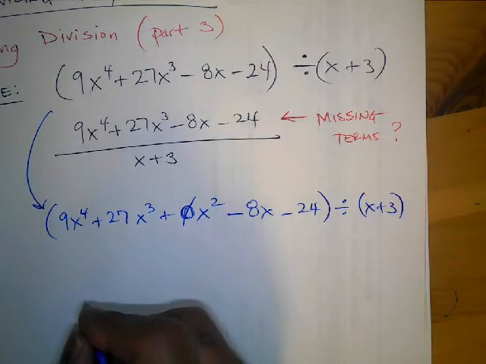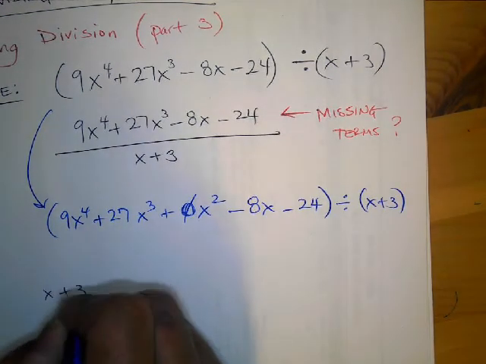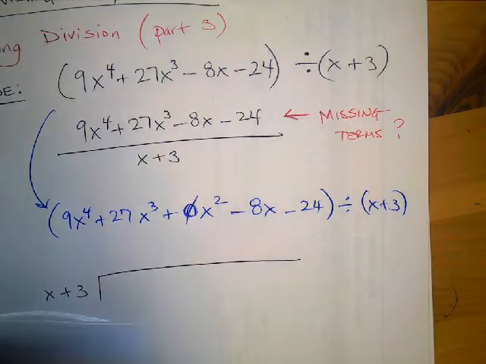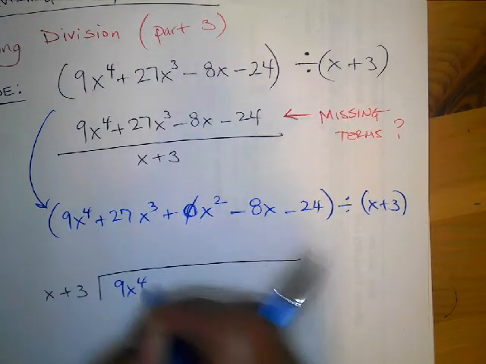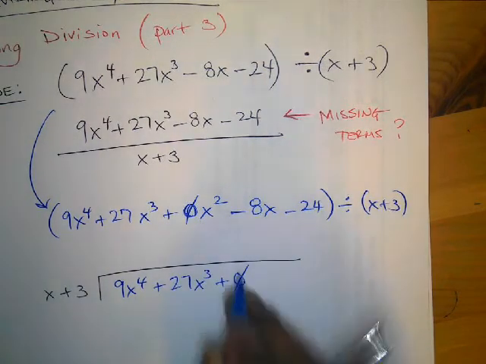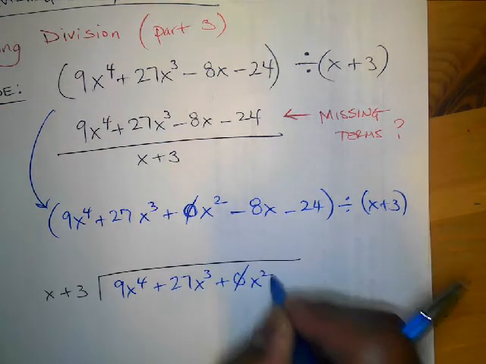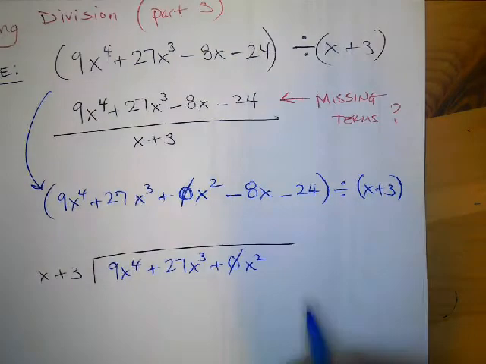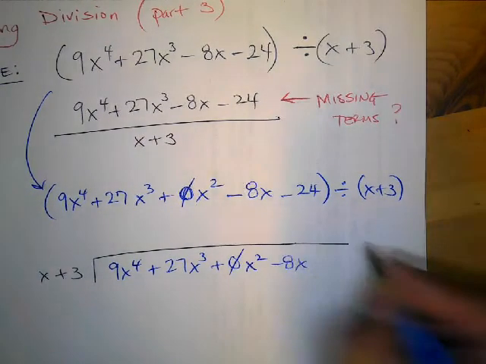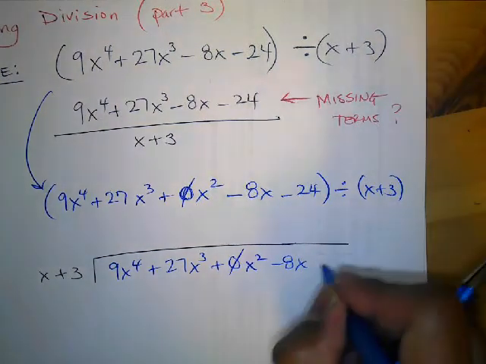So now when I set this up for long division, I'll use this one. And you'll see why you need this space with this missing term. You'll see that right now when we do the long division. And that part I'm going to do quicker. I don't have to show you that. We've already learned that.